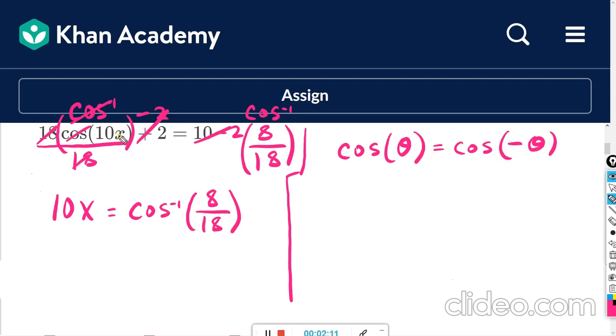So 10x was our angle right here, and we just changed the sign on the 10x. So here we're going to have negative 10x and it equals the same thing. So it's again going to be inverse cosine of 8 over 18.